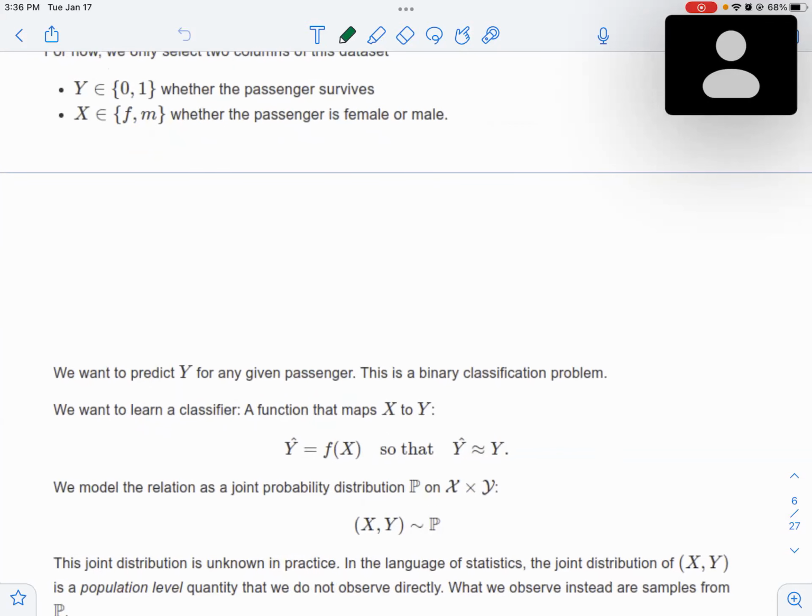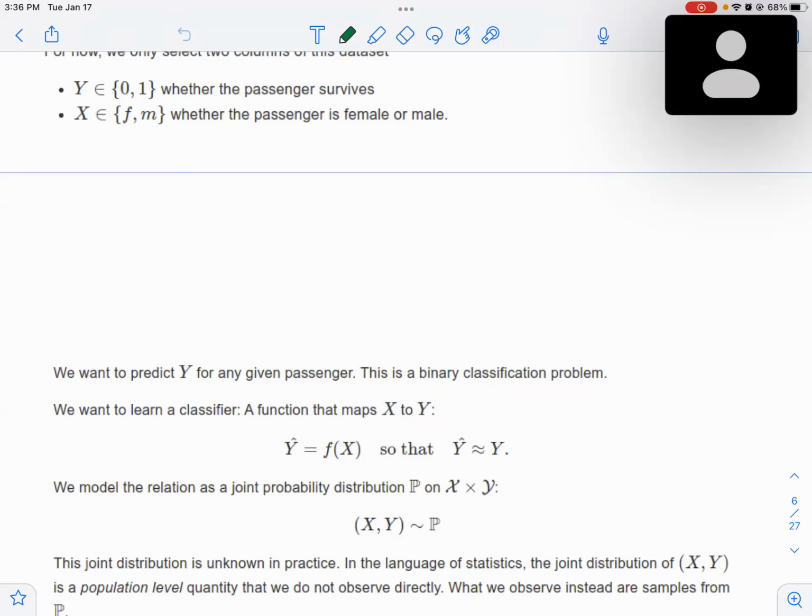So what we want is a function of the predictor, sometimes called features, sometimes called covariates, which I'm calling y hat, so that y hat is close to y. We want to see what is the best we can do if we know the joint distribution. We spent the majority of our time doing that.